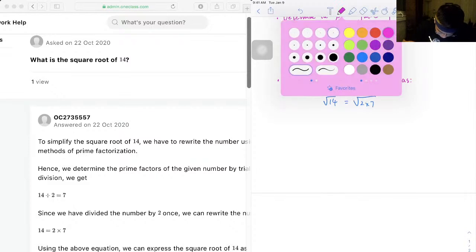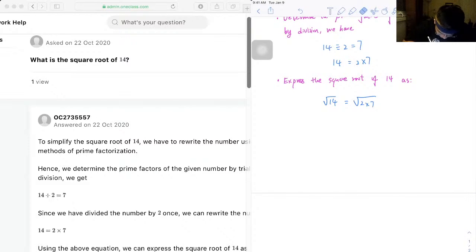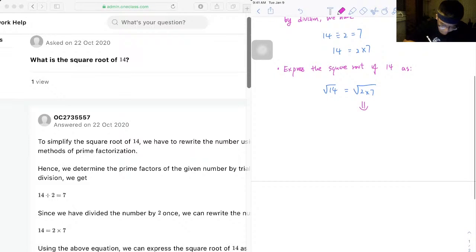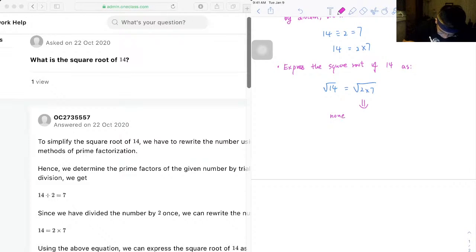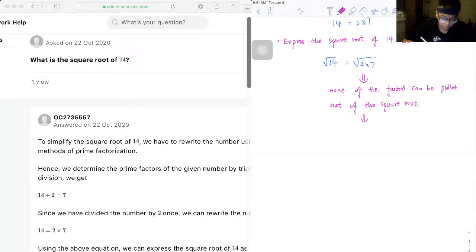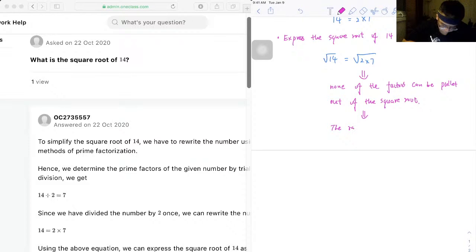So let's write it here: none of the factors can be pulled out of the square root, which means the radical expression cannot be simplified.